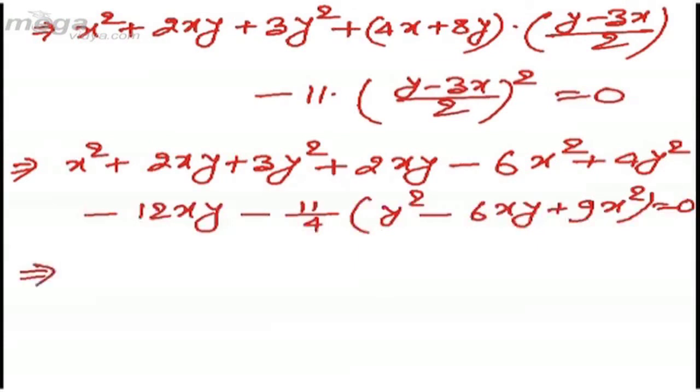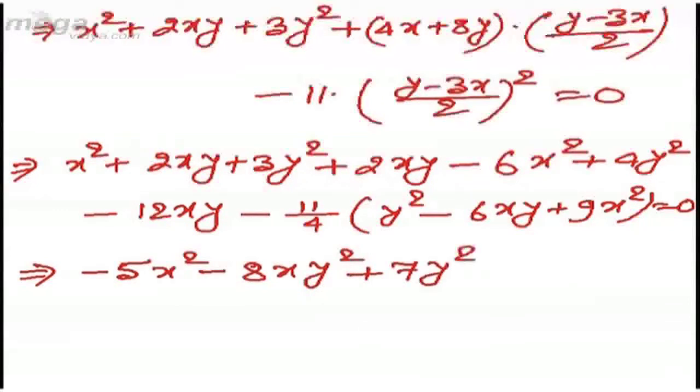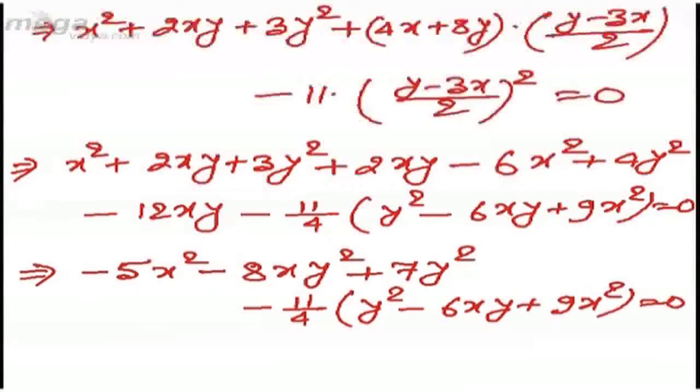Now we'll get here minus 5x square minus 8xy plus 7y square minus 11 by 4 into y square minus 6xy plus 9x square is equal to 0.